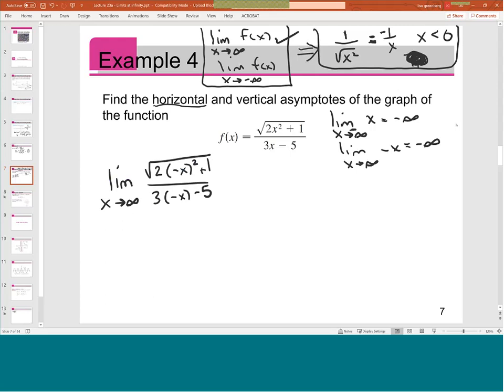So this is the same as the limit as x approaches negative infinity of just x. Does that make sense? Okay, good. Now this is equal to the limit as x approaches infinity of the square root of 2x squared plus 1 over minus 3x minus 5.